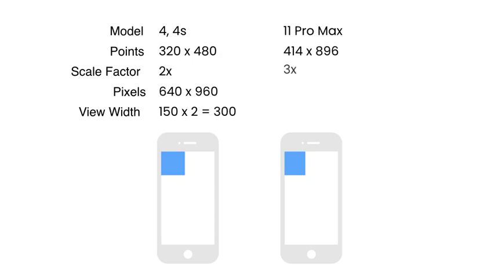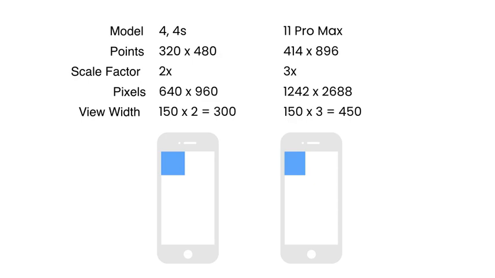With a scale factor of 3, here's the screen resolution of iPhone 11 Pro Max. Now, what is the width of our view on this iPhone? It is 150 times 3 equals 450 pixels. So again, it's roughly around half of the screen width. Roughly, not exactly. In fact, our view looks a little bit smaller on an iPhone 11 Pro Max.